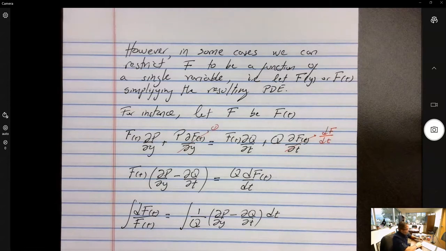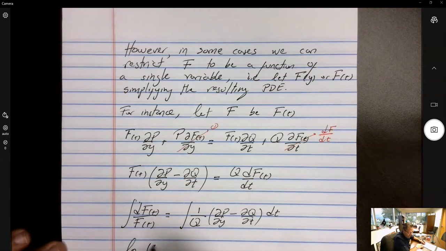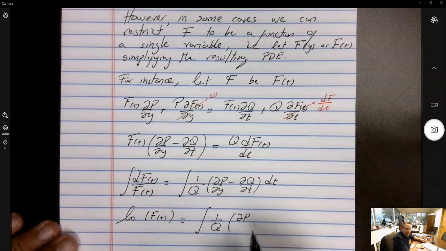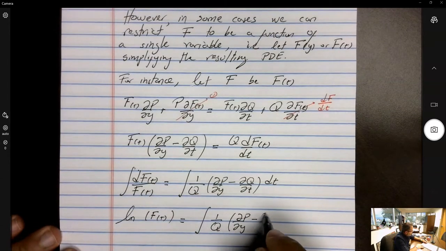And if that's the case, the integral of df over f is the log of f of t is equal to this whole thing, the integral of 1 over q, dp dy minus dq dt.